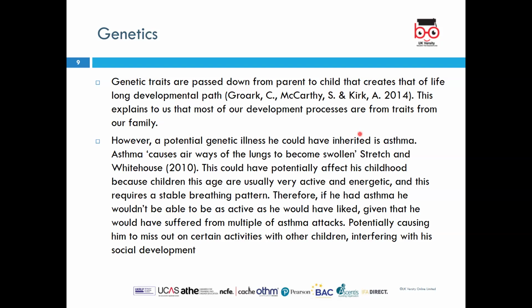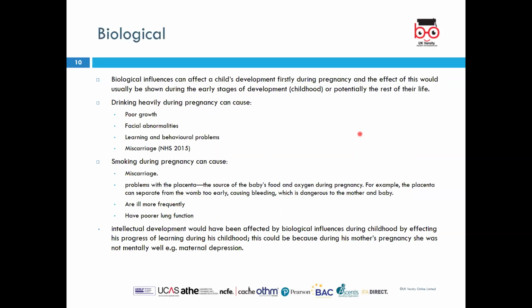They may have an asthma attack, which can be lethal as well. So there's always going to be a limitation in whatever they do. But having said that, there are ways that you can change that. You can improve that situation.